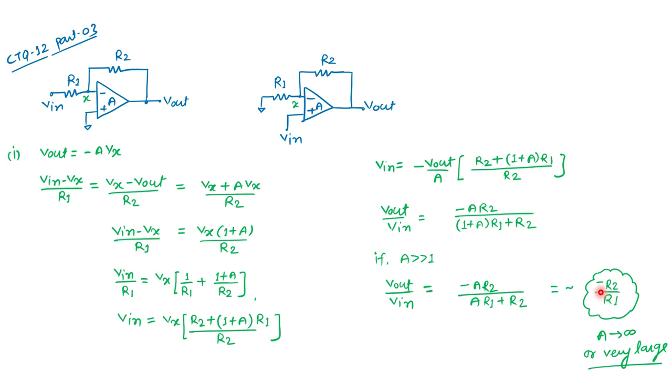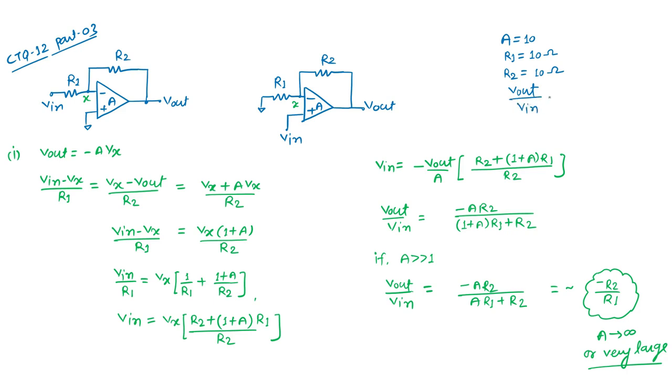But if some finite gain is available, for the time being let me consider an example: the gain of your amp is given as 10, and R1 is, say, 10 ohm, and R2 is also 10 ohm. Then this expression cannot be true. Minus R2 by R1 is not true.